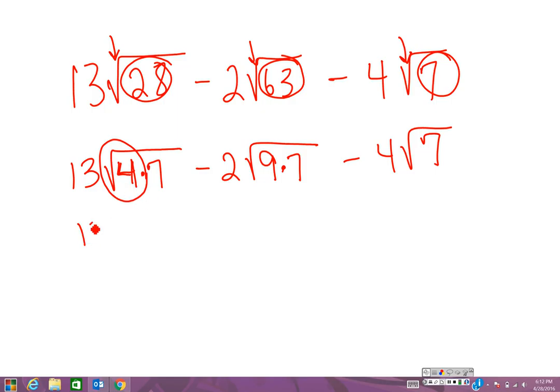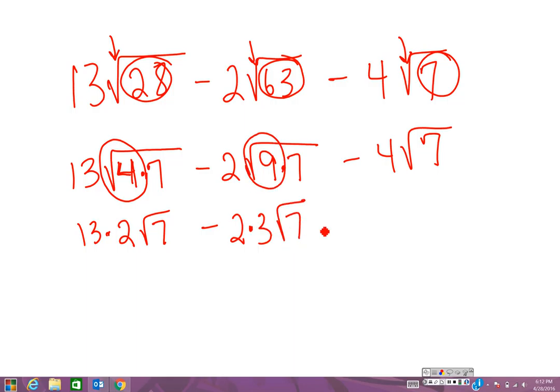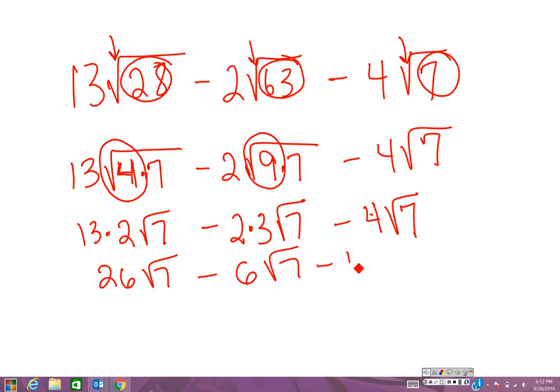Square root of 4 is 2. The square root of 9 is 3. And 4 radical 7 remains the same. 13 times 2 is 26. Radical 7 minus 6 radical 7 minus 4 radical 7.